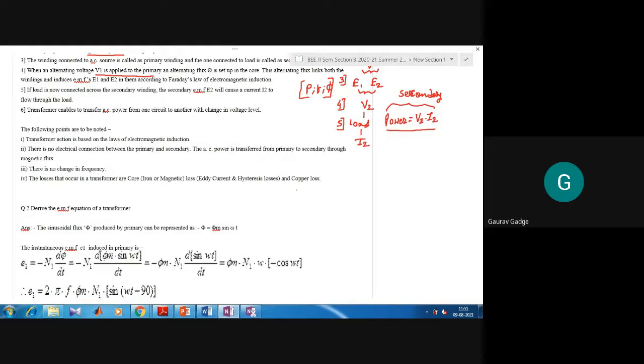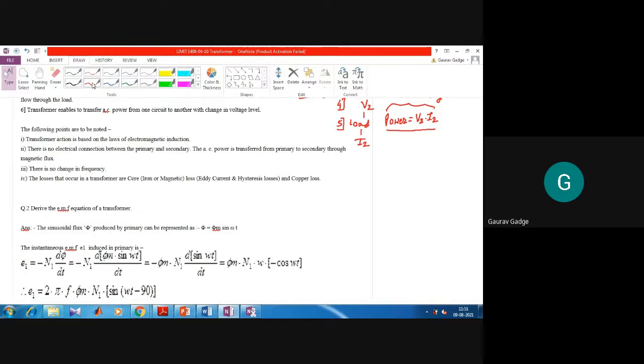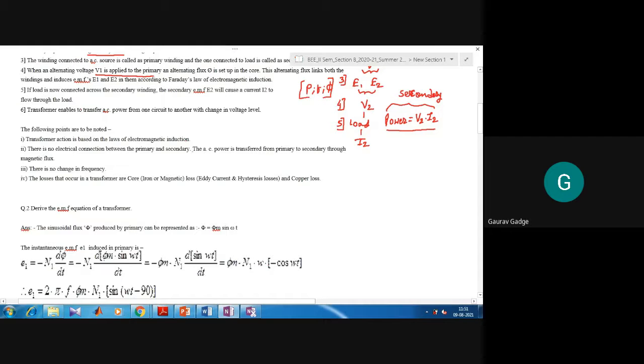There is no change in frequency, as well as power and flux.